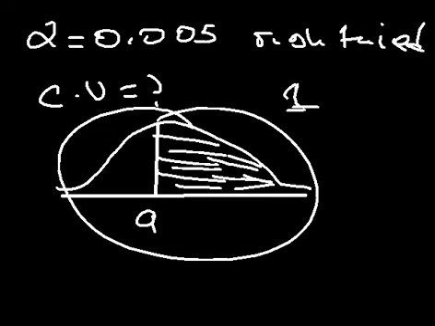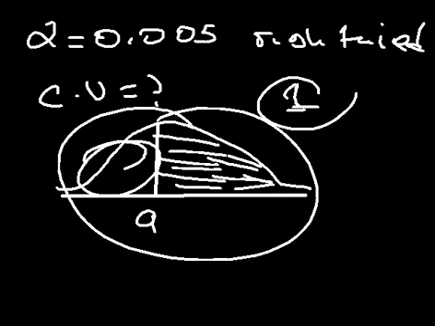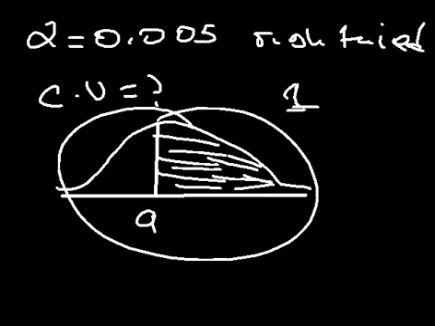How should we get the area on this side? Since the table gives us the area towards this side, to get the area of this side we simply subtract the area of this side from 1. In other words, we use the complementary process to get the area of the right-hand side.